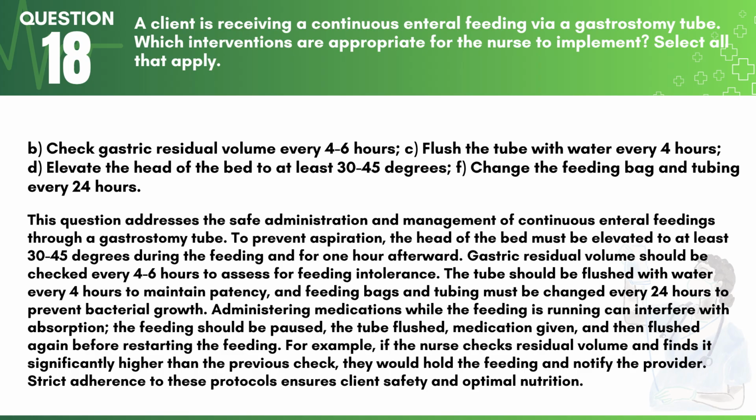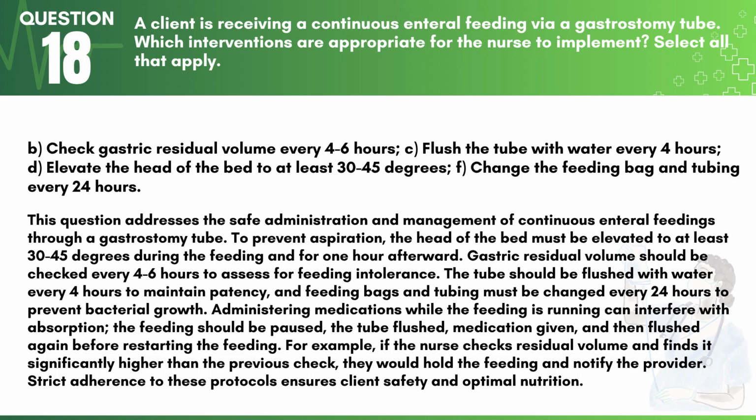To prevent aspiration, the head of the bed must be elevated to at least 30 to 45 degrees during the feeding and for 1 hour afterward. Gastric residual volume should be checked every 4 to 6 hours to assess for feeding intolerance. The tube should be flushed with water every 4 hours to maintain patency, and feeding bags and tubing must be changed every 24 hours to prevent bacterial growth.